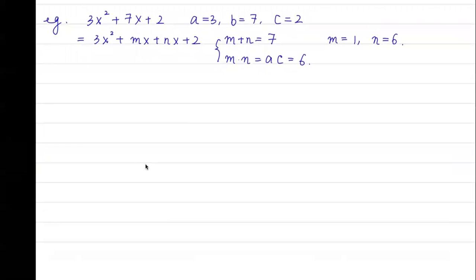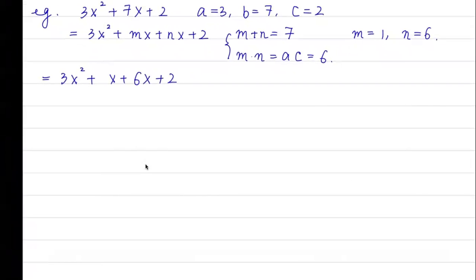So here, the trinomial now is equal to 3x squared plus, m is equal to 1, so 1x, n is equal to 6, so 6x, plus the coefficient 2. Okay, 1x is just x, so we can just erase this.